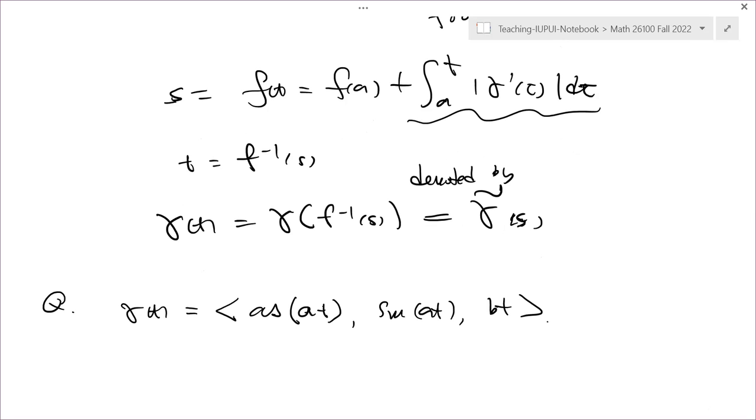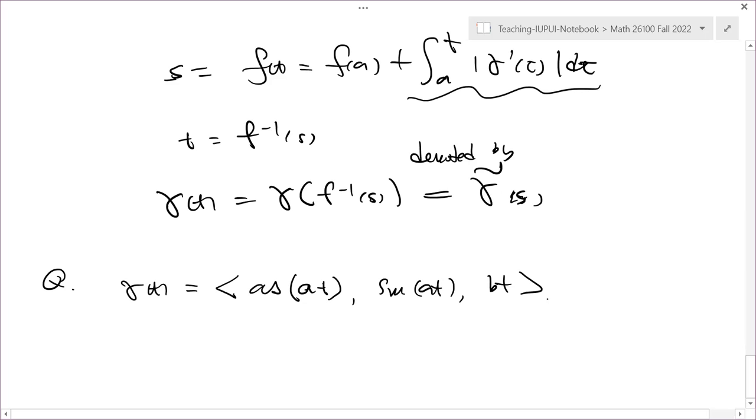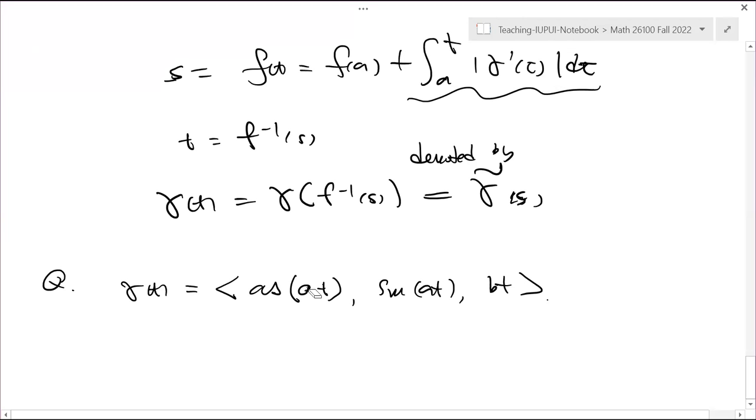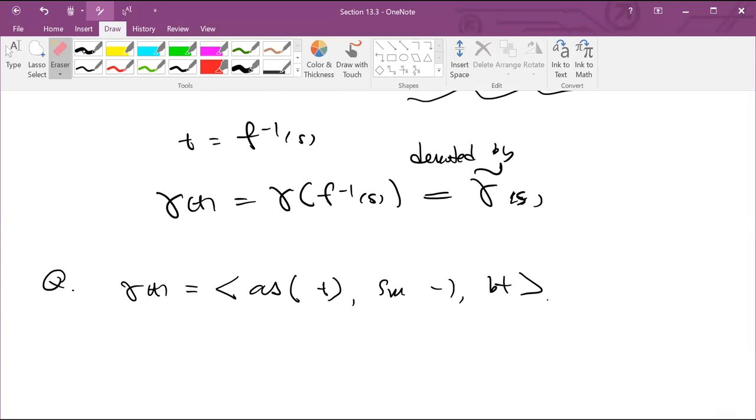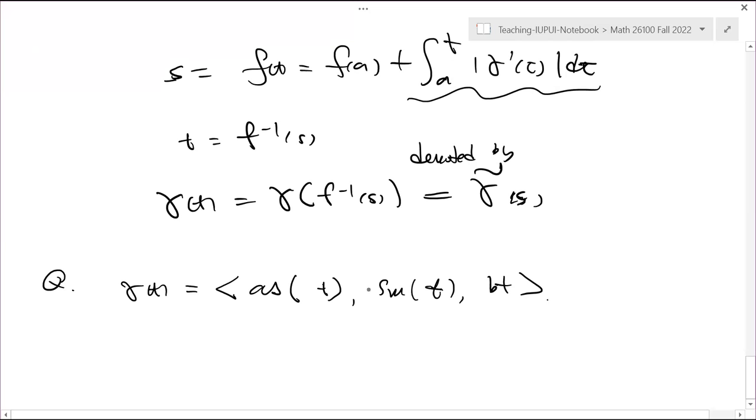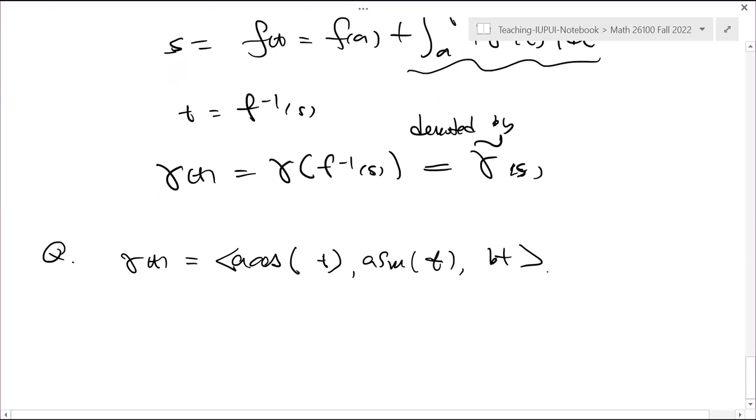I'm going to move a to all sides because I want to make sure this is on the cylinder with radius a. So it's a cosine t, a sine t.